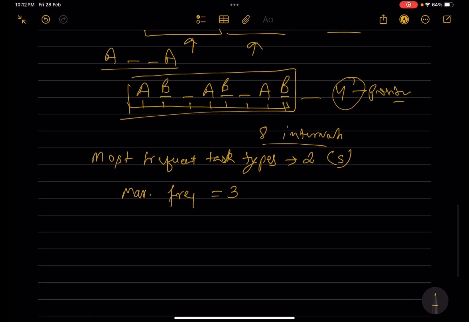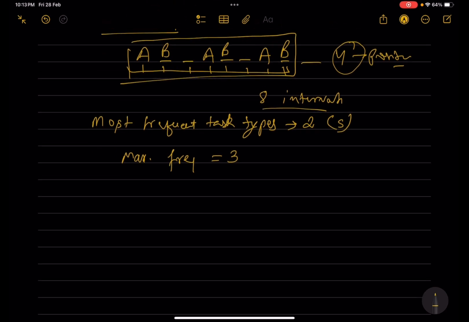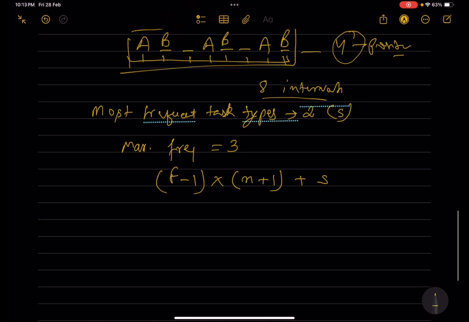So there are 2 types of tasks which have 3 frequency. Can we say the minimum number of intervals is (3 minus 1) into (n plus 1) plus s? This 3 is nothing but the maximum frequency. So here it is 3 minus 1, which is 2, into n plus 1. N is 2 here, it becomes 3, plus s is 2, it becomes 8.